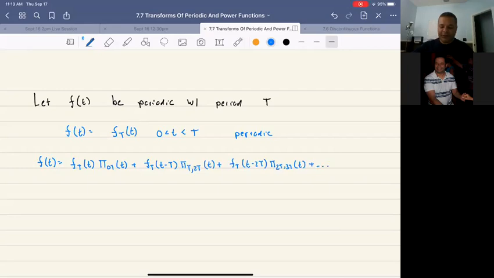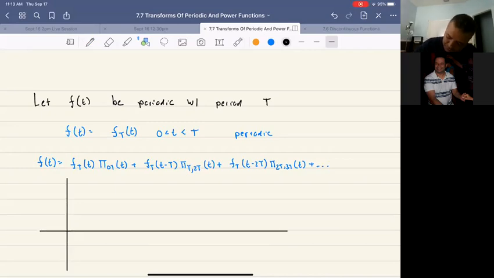Okay, so what I want you to think about is what's going on here. We have, let's say, here's T, here's 2T, here's 3T, keep going to 4T.